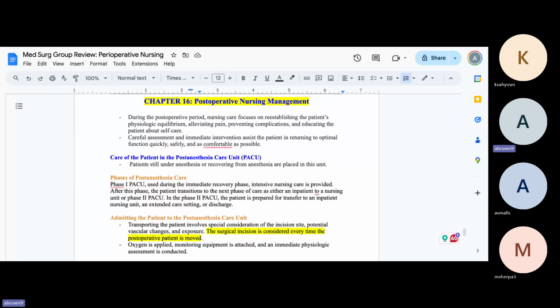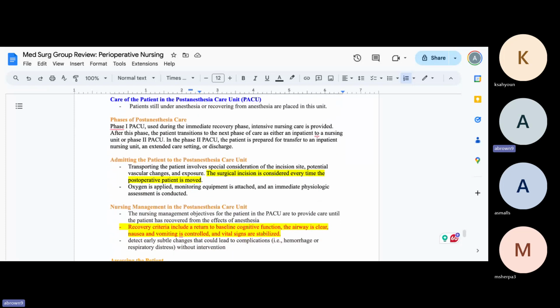Careful assessment and immediate intervention assist the patient in returning to optimal function quickly, safely, and as comfortably as possible. In this phase, we just want to make sure that they get back to baseline after anesthesia and recovery after surgery.